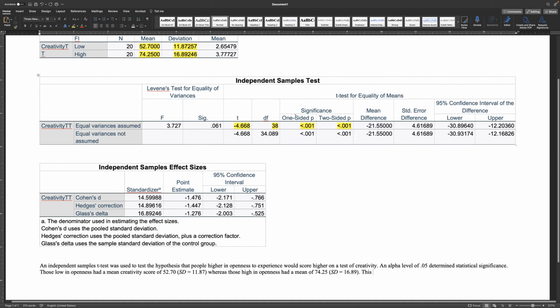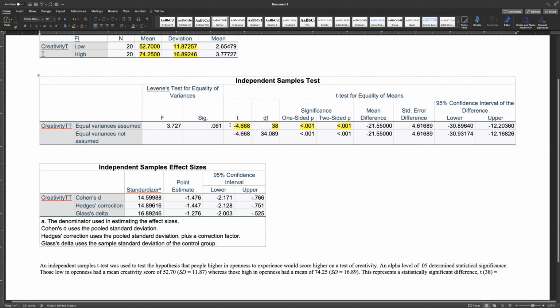So we can tell that the p-value is way less than 0.05. When the p-value is small and less than 0.05, then we can say that the results are statistically significant. So this represents a statistically significant difference. And then we did a T, the degrees of freedom are right there, they're 38.